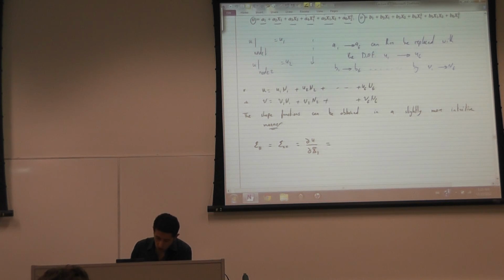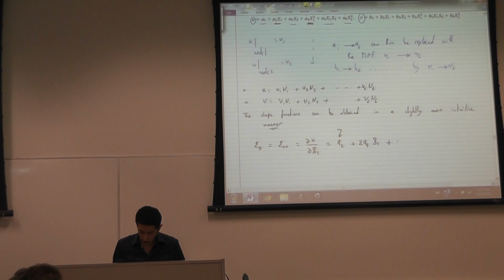Partial u with respect to x1 will be equal to a2, I can model constant strain, plus 2 a4 x1. I can even model linear strain in this direction, plus a5 x2. I can even model bending.